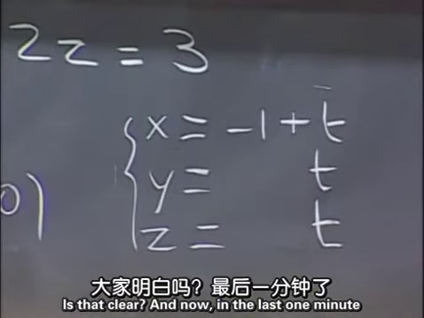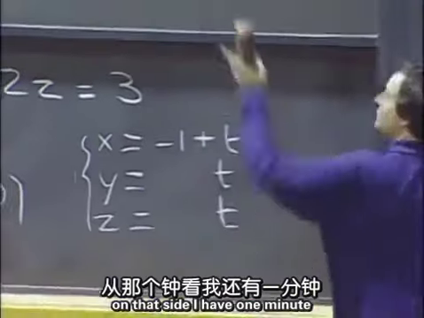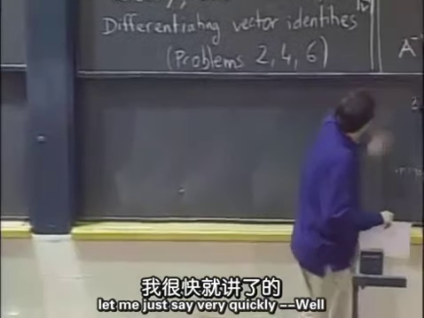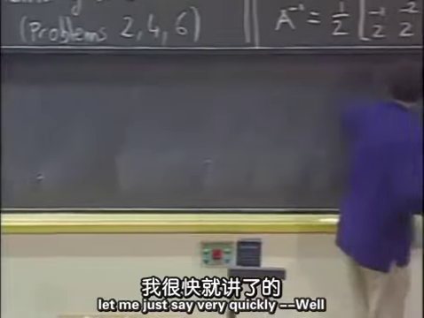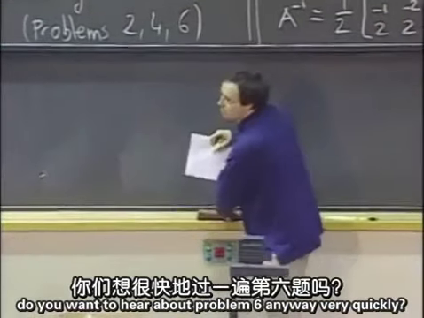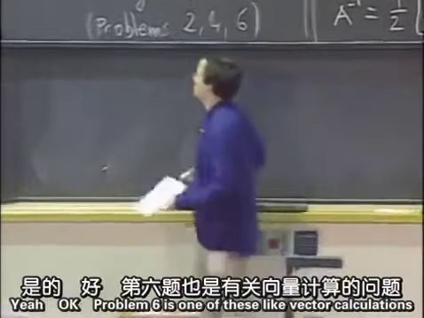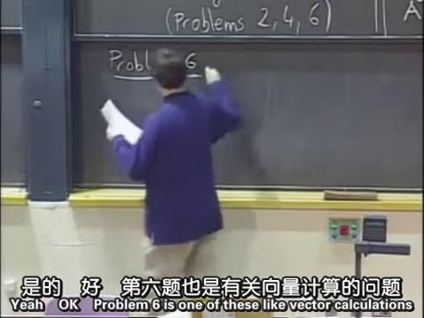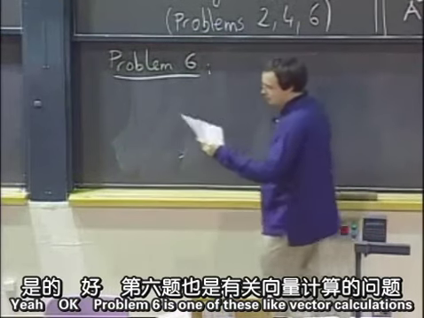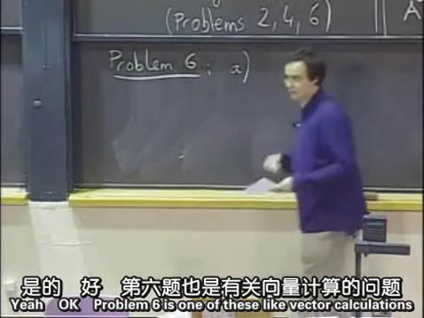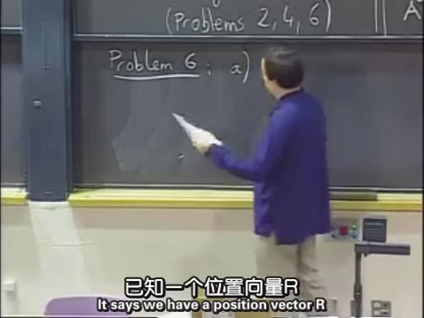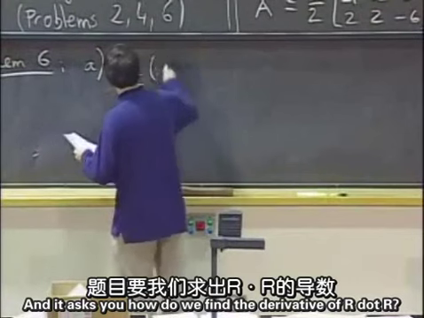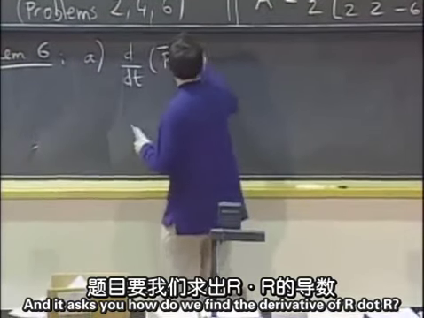And now in the last 1 minute, let me just say very quickly, well, do you want to hear about problem 6 anyway, very quickly? Yeah, okay. So problem 6, it's one of these vector calculations. So it says we have a position vector r, and it asks you, how do we find the derivative of r dot r?